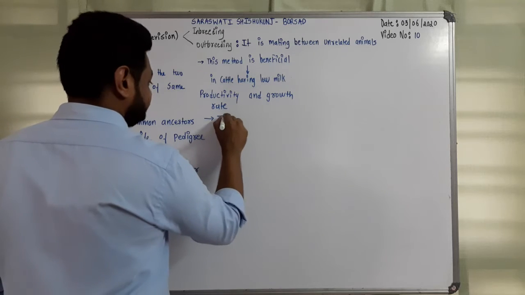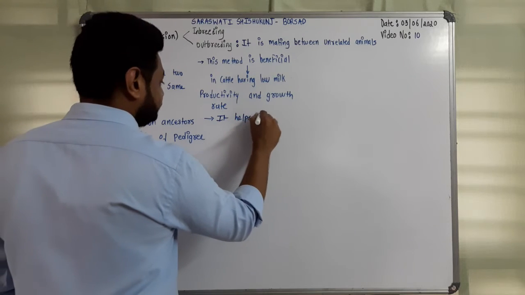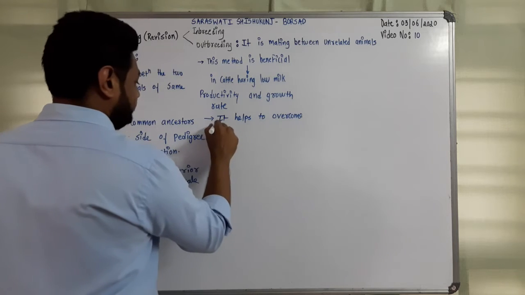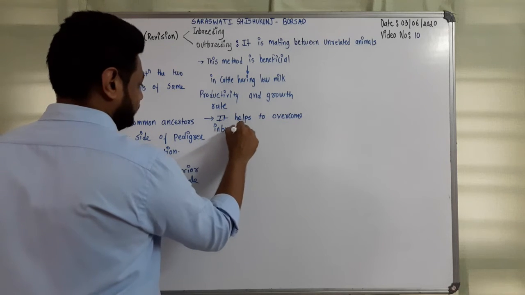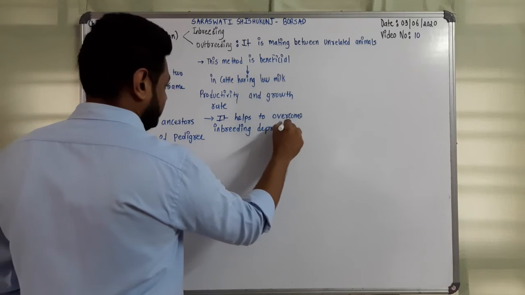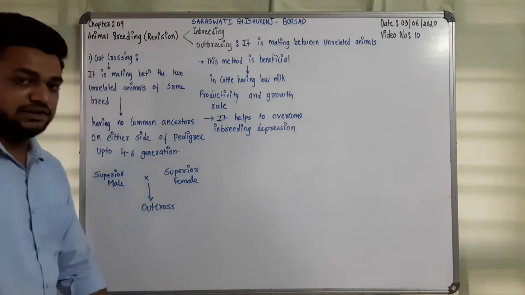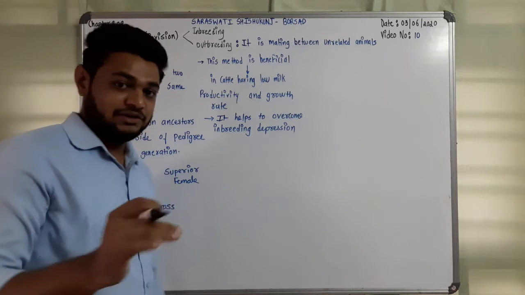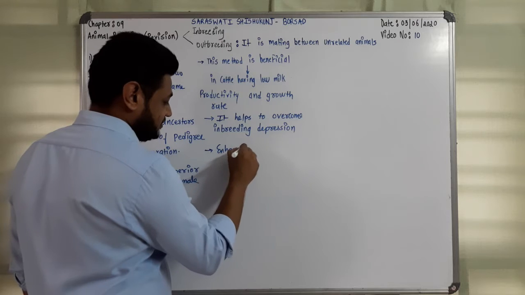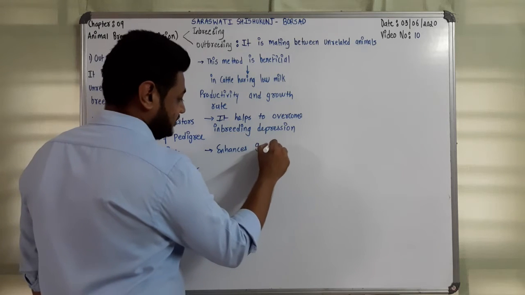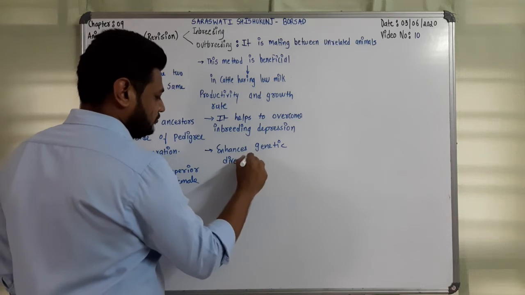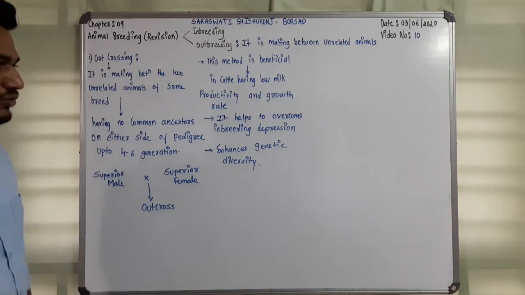So it helps to overcome inbreeding depression. It also enhances genetic diversity. Students, this is about outcrossing.